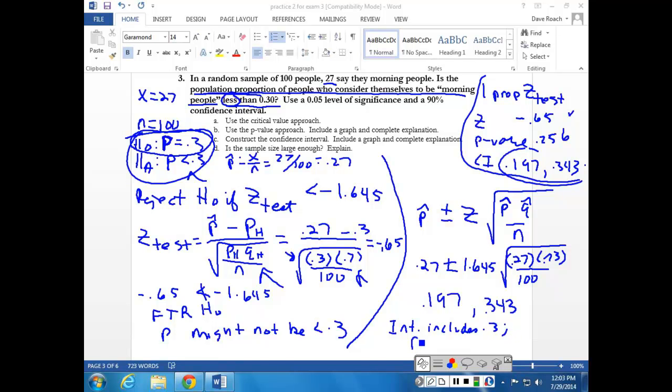Therefore, p could be 0.3. In fact, come back over here. I should have said p. A better way to put this would have been p could be 0.3.